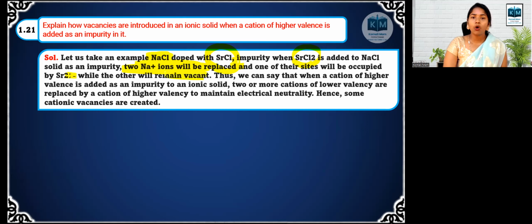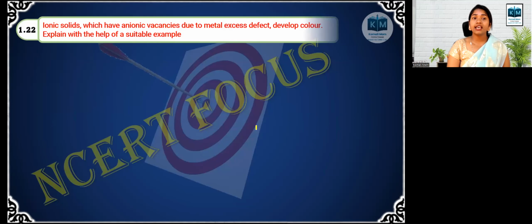So when we add cations of higher valency as an impurity, two or more cations of lower valency are replaced with a cation of higher valency. It is to maintain electrical neutrality that cationic vacancies are created. What vacancies are created? Cationic vacancies are created.